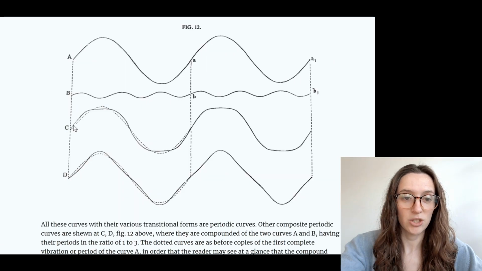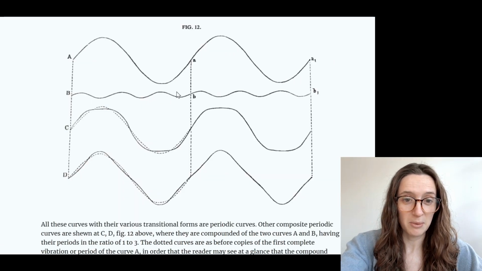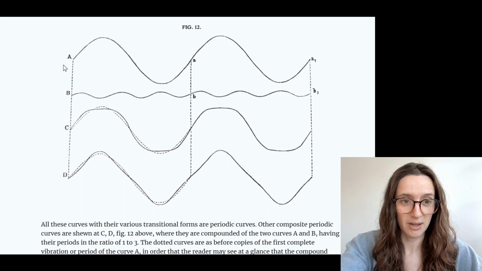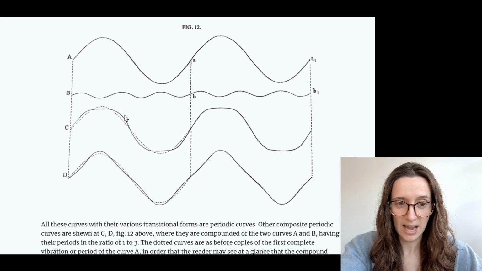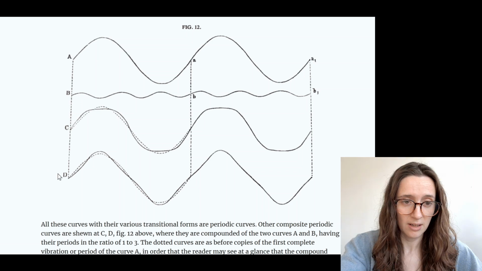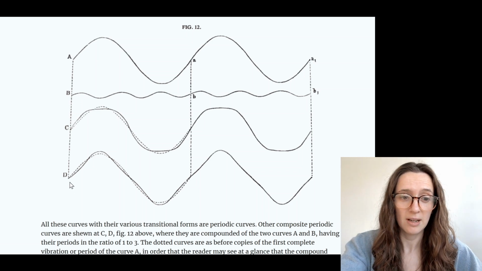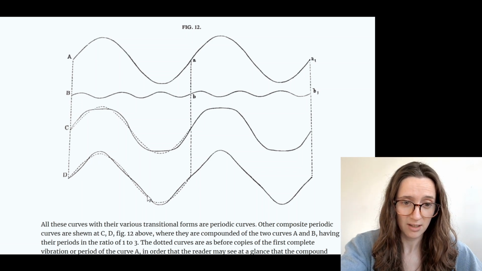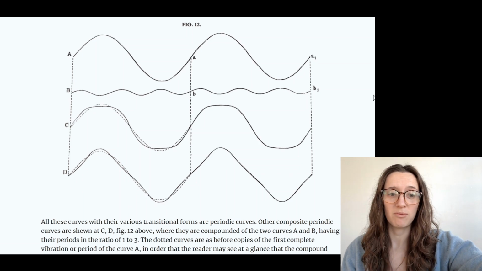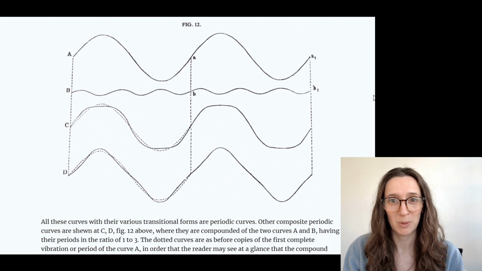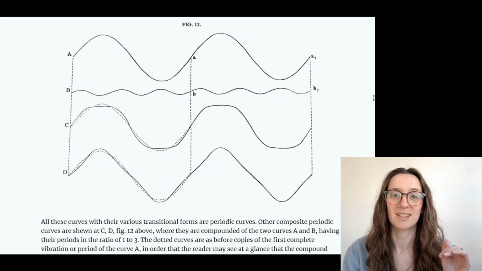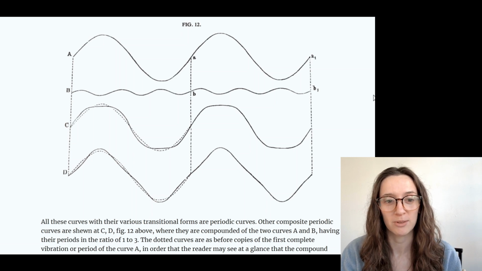In figure 12, he shows us wave B, which has 3 times the period of wave A, and their composite here, wave C, which has a slightly flatter top. If you shift wave B over, you end up with curve D here. Now, wave A and wave B are both single simple tones, the kind of wave you would get from a tuning fork, which, as we remember from chapter 1, is the only type of wave that does not produce upper partial tones.